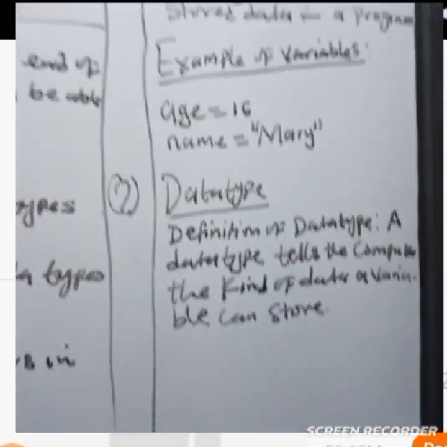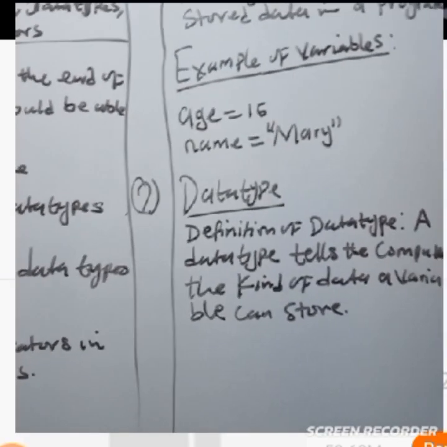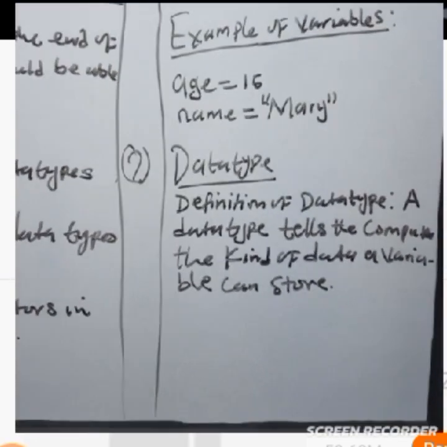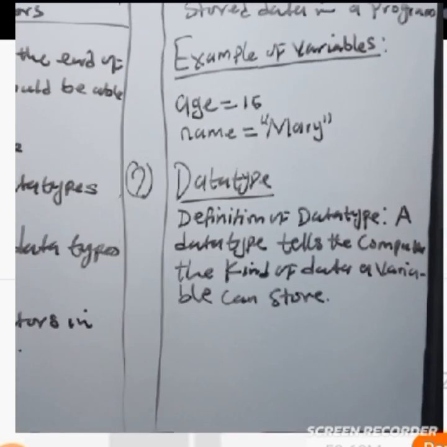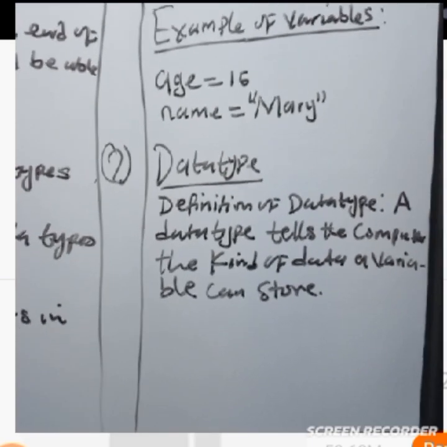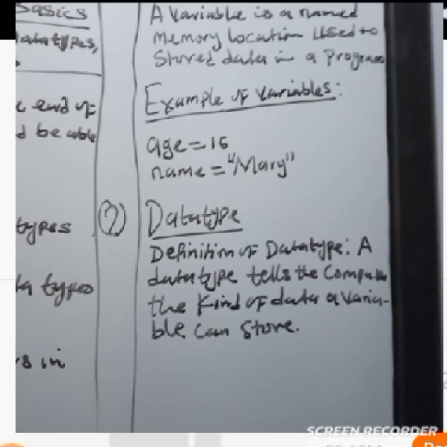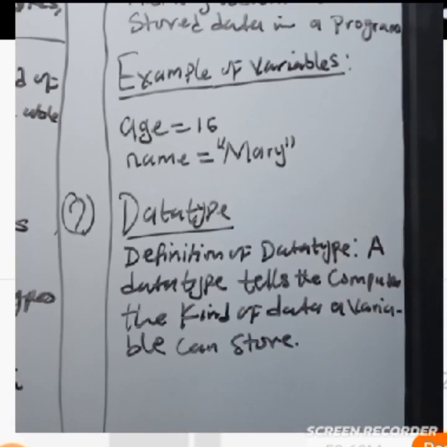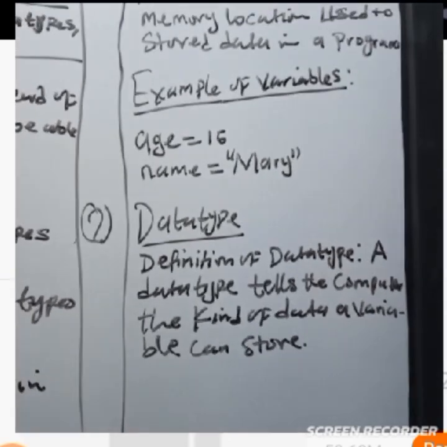Examples of variables are what you have on the board. Copy it to your notebook. These examples are Python examples. We have age equals 15, name equals Mary. Here, age stores a number while name stores text.